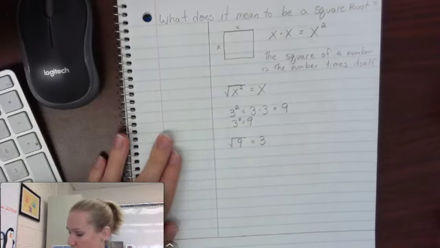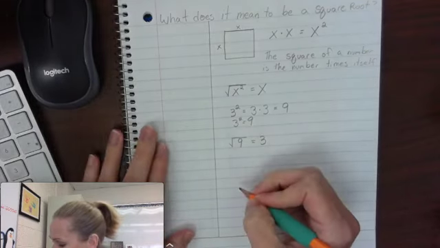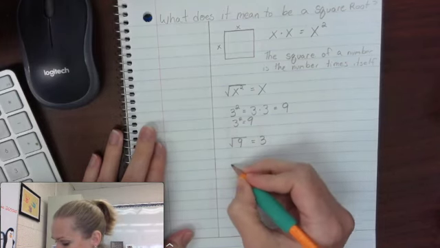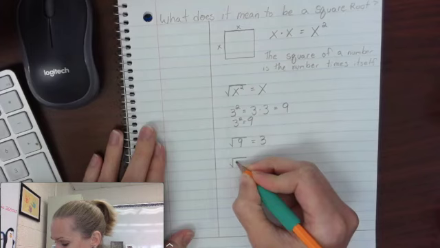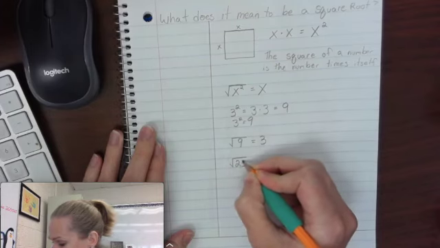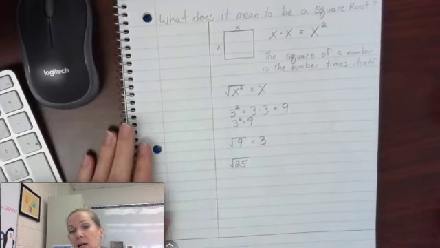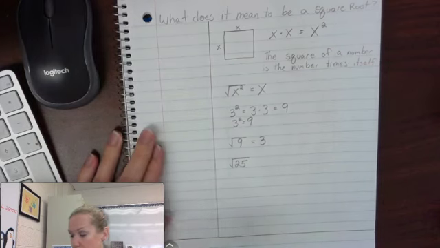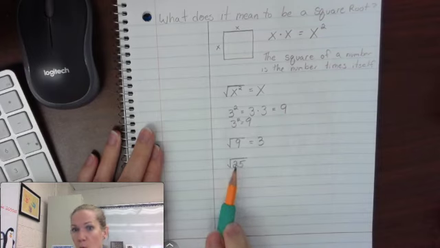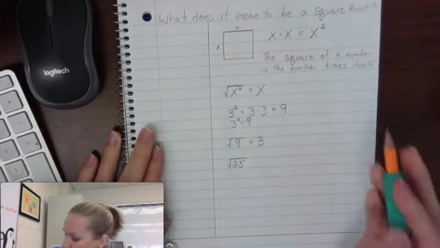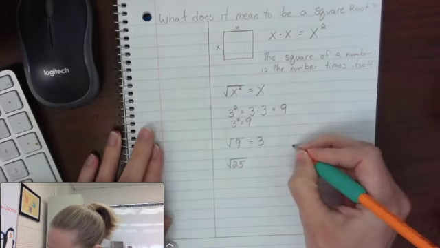Let's do another example. Let's go with the square root of 25. So what number did we have to square in order to get 25? So that's what you should be thinking in your head.